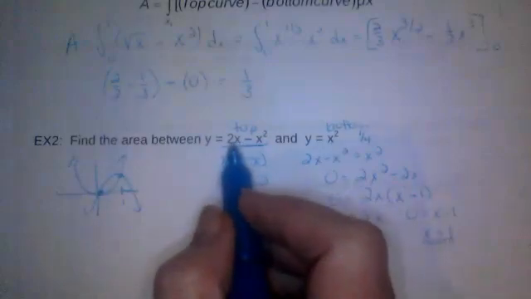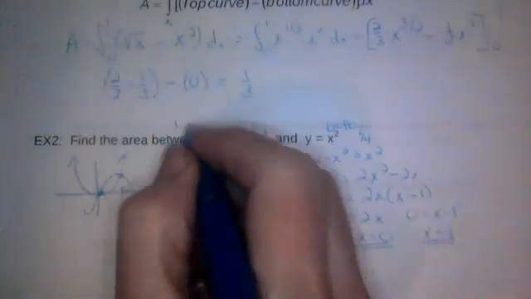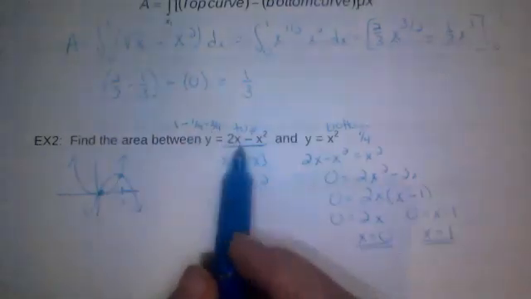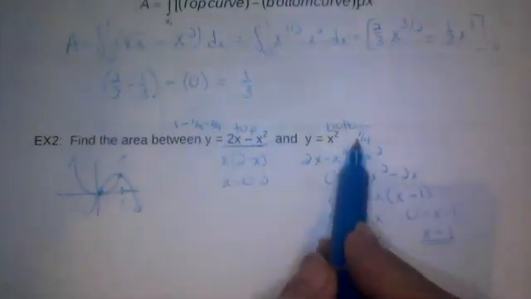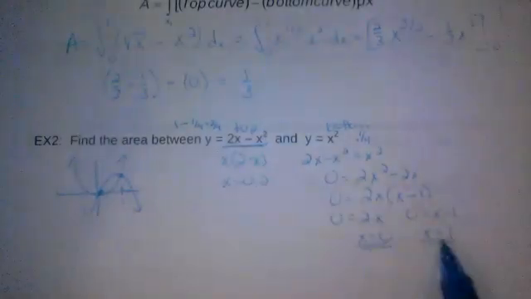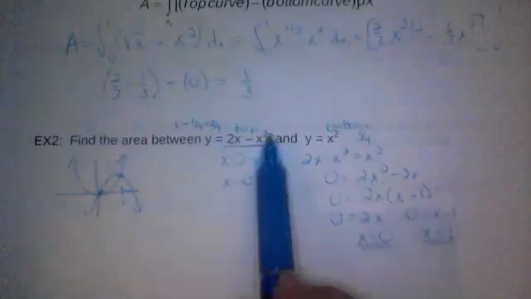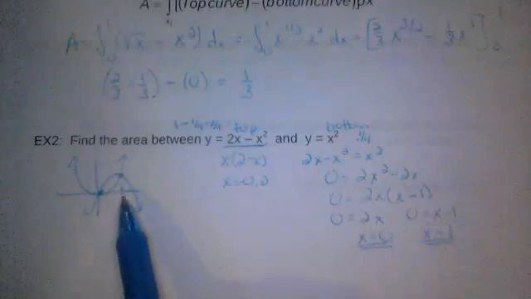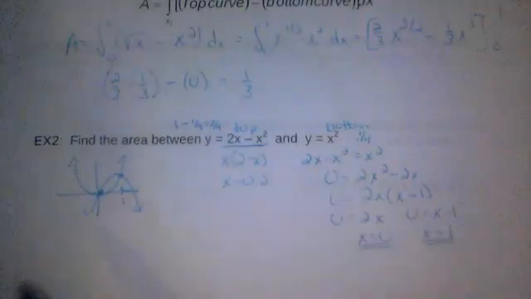If I put 1/2 in here, I'm going to get 1 minus a 4th, or 3/4. So this one is bigger than this one. So this one's on the top and this one's on the bottom. You just pick a value in between, plug it into each one, and see which one is larger. So this is our top, this is our bottom, either by sketch or by analyzing algebraically.